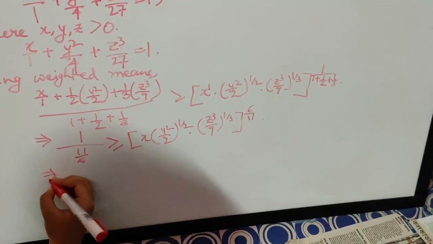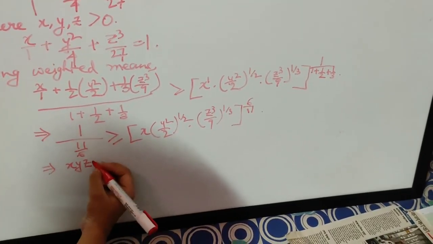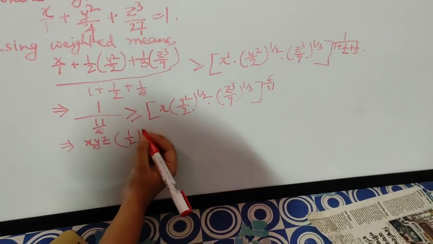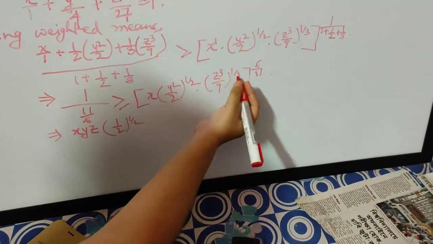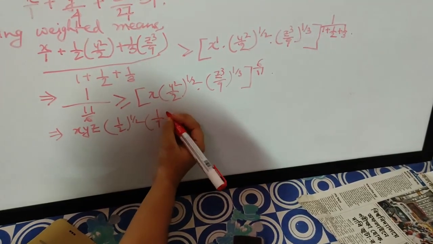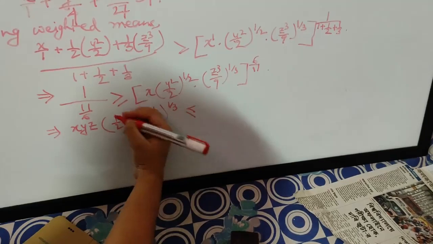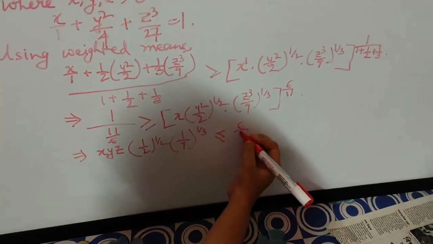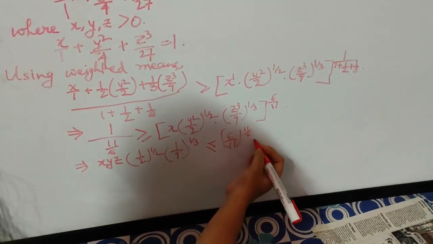So this implies that xyz into half to the power half, into 1 by 9 to the power 1 by 3, should be less than or equal to, taking this in the numerator, 6 by 11 to the power 11 by 6.